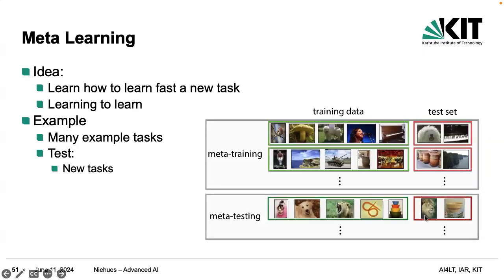So the task here is really, we don't want to learn a model in the first step which is good at a single task, but we want to learn a model where it's then easy to learn a new task, and that you can evaluate in this scenario. That's why it's often also referred to as learning to learn. So the task is not that you learn a specific task, but how you learn a good initial setup so that you can then quickly learn new things.